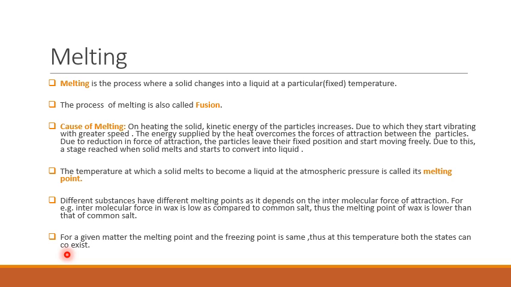For example, the freezing point of water is 0 degrees Celsius, and this is the melting point of ice. So, at 0 degrees Celsius, both ice and water can coexist. The temperature would be 0 degrees Celsius only, but we can have ice as well as water both at the same temperature.